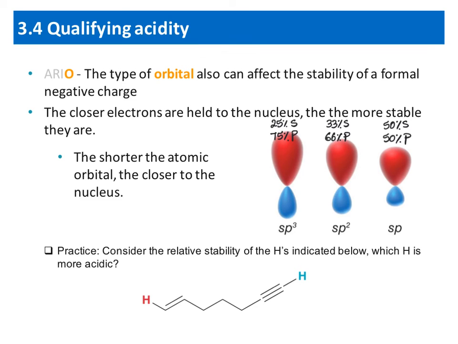Now let's take a look at the example below. We want to know which hydrogen is more acidic. The very first step is to draw the conjugate base for each side. So for this side of the molecule, the conjugate base is this one.